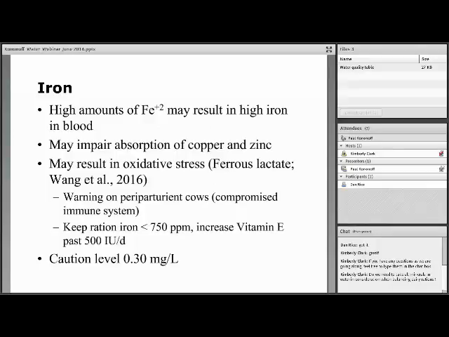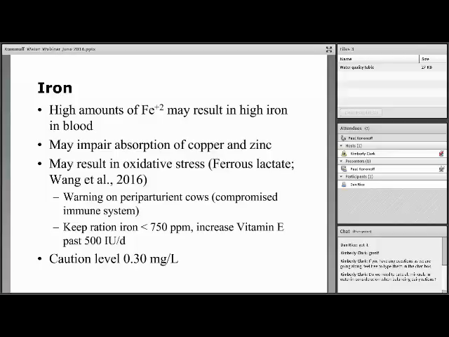So as I mentioned, copper, and zinc is another one. There's some really recent research that actually just came out several months ago out of Virginia Tech, looking at iron in the form of ferrous lactate, okay, and showing that this may cause oxidative stress in dairy cattle. And, well, what is oxidative stress?